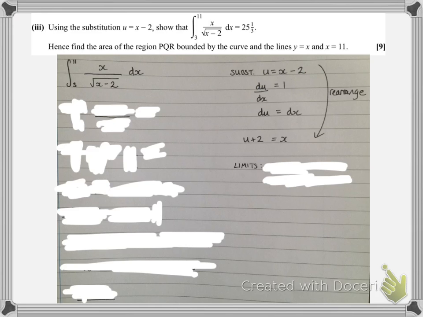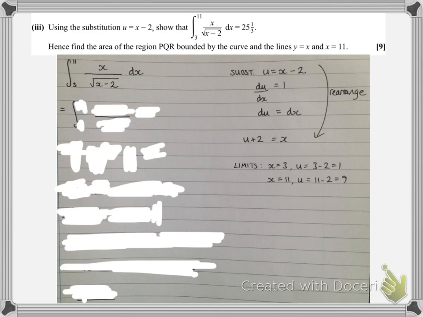So our limits, we had that x was 3, and when x is 3, if we just substitute 3 in here, we get u is 3 minus 2, so u is 1. And likewise, when we're using the limit that x is 11, then we get that u is 11 minus 2, which is 9. So now we're ready to carefully substitute everything.